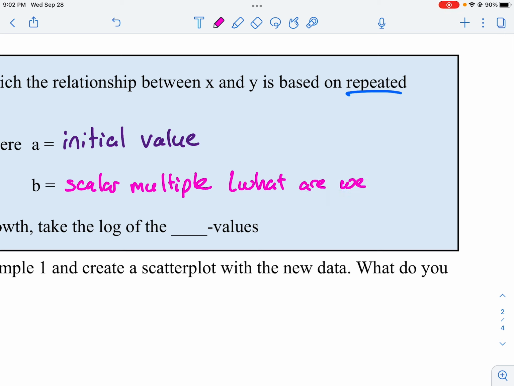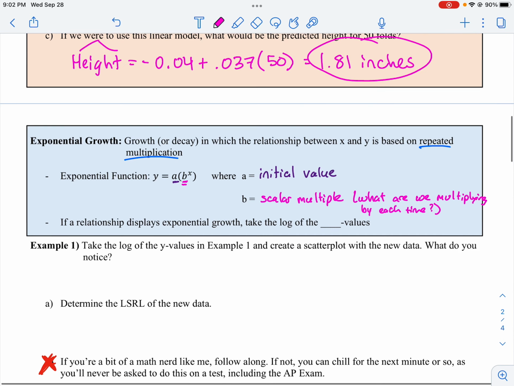What are we multiplying by each time? Okay, that's what B is. All right, so we'll come back to this model in just a moment.